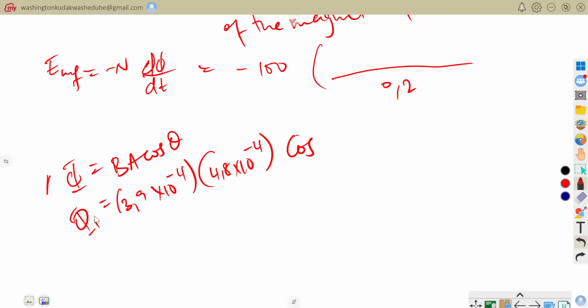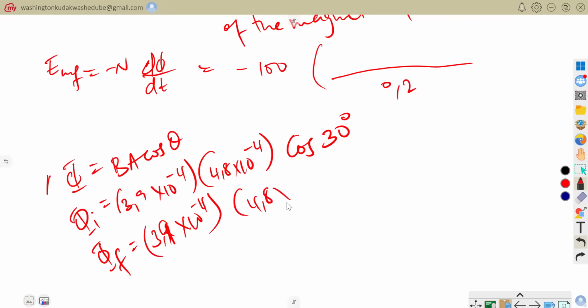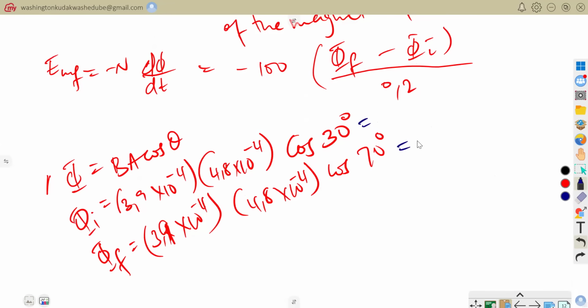So phi initial would be cos 30, and phi final would be cos 70. So here I would have phi final minus phi initial. So I need to have these two values, and that is what I just need to calculate there.